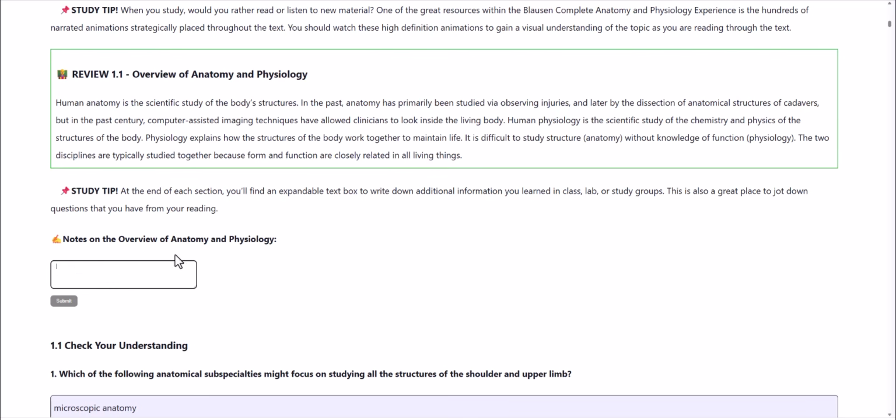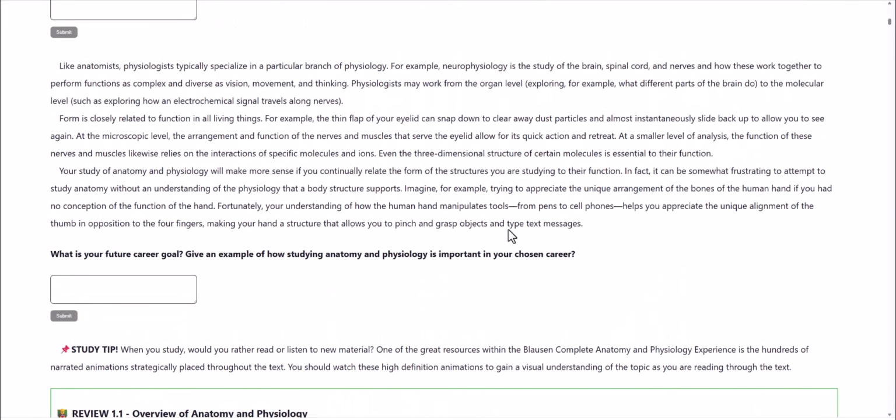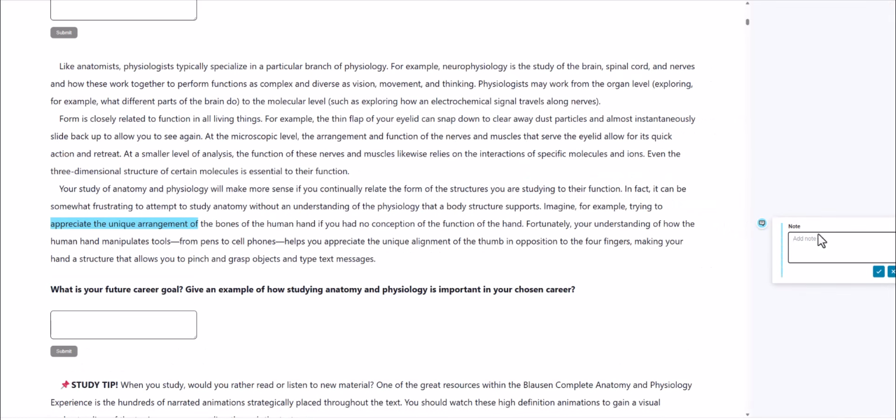In addition to these little spaces where there are notes, you also have a couple other features in the book. You can, at any place in the book, add a note. And so this is a great place to add a question. If something comes up and you're not sure about it, ask that question. You can bring those questions to lab or to lecture or to a study group.